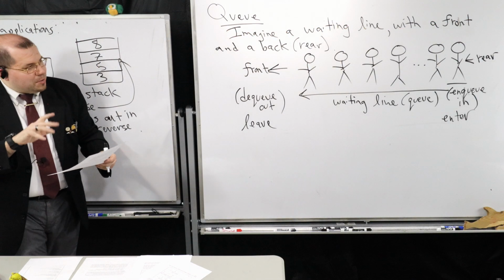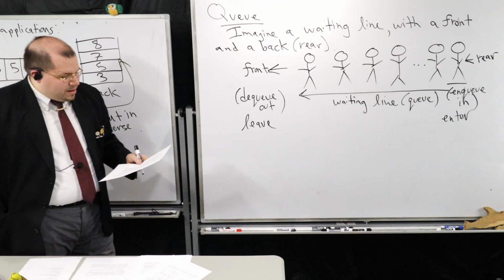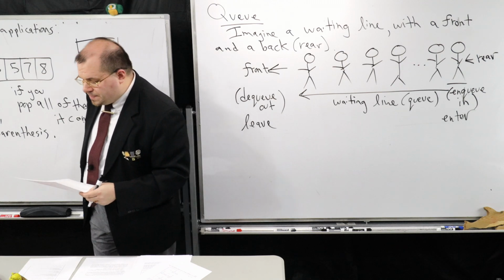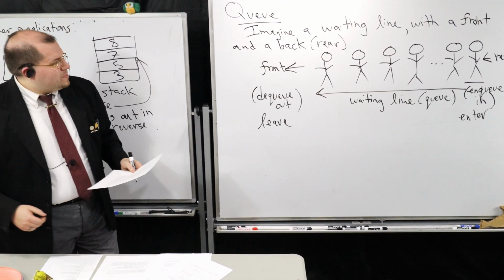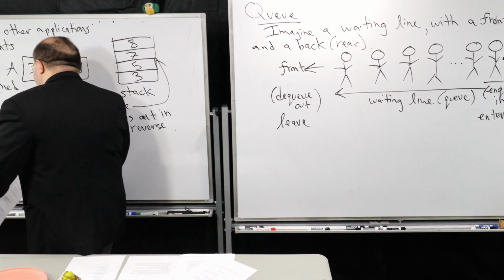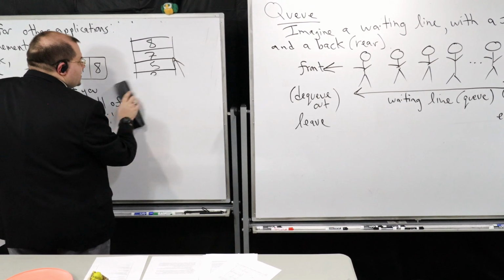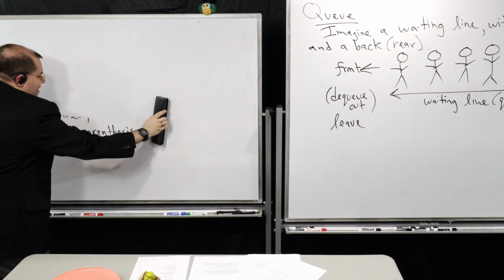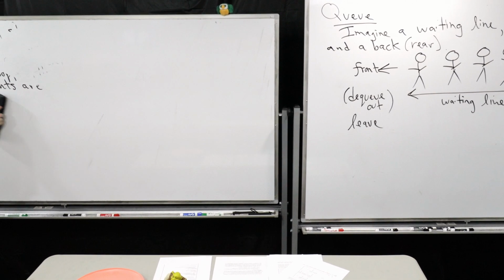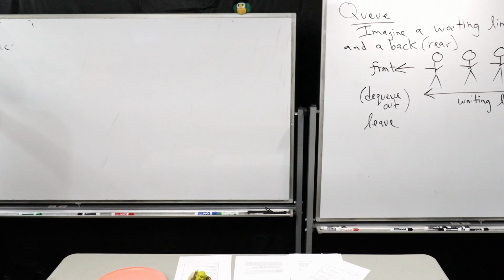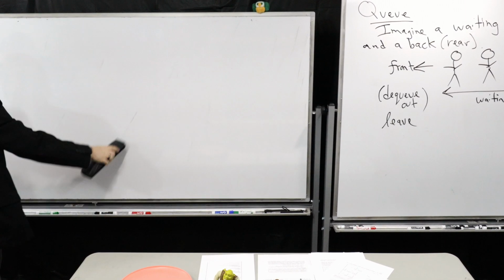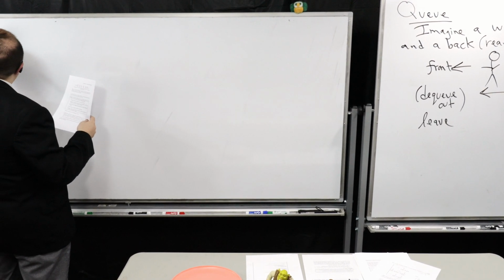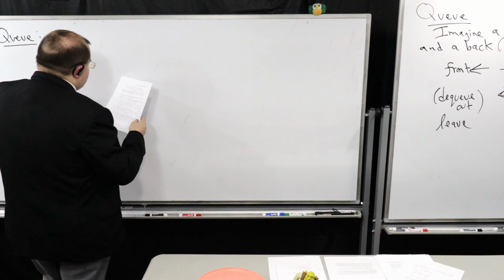So let's talk about the queue ADT, everybody. I'm going to talk about some operations that would define what a queue is. So let me list out the operations. Queue.